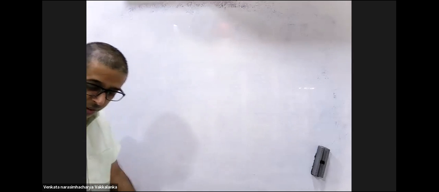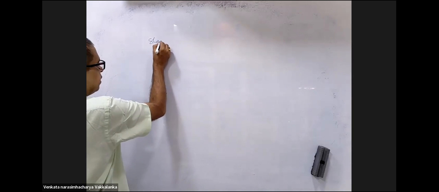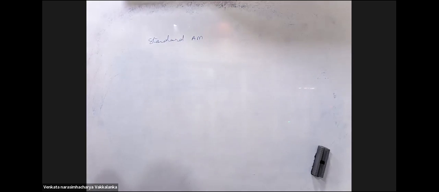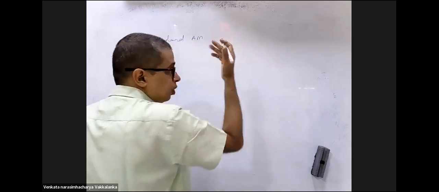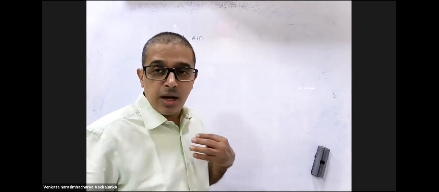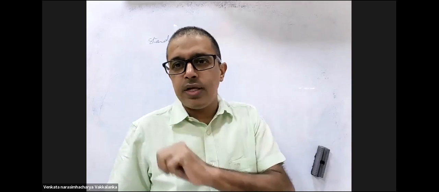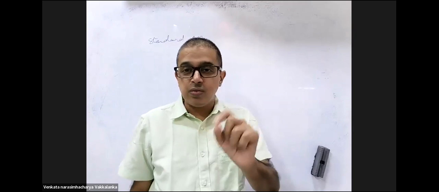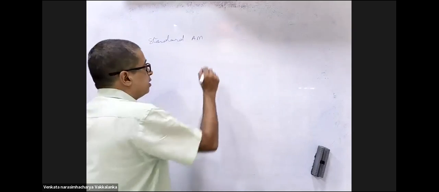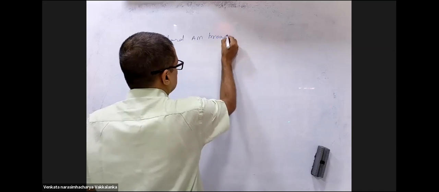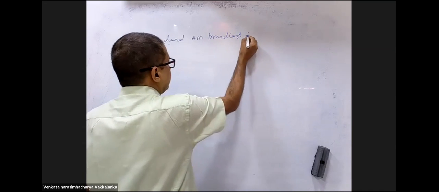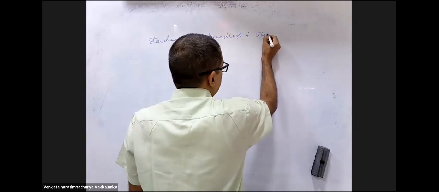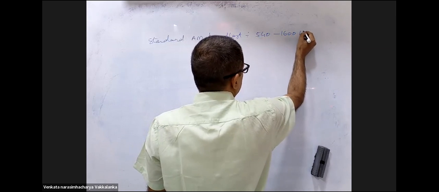Few values you have to remember. Standard AM. What does AM stand for? Amplitude modulation, which nowadays is not in use. In our childhood radio, there used to be only shortwave 1, shortwave 2, and medium wave. The transmission was based on amplitude modulation. This is almost outdated, but standard amplitude modulation transmission was done between 540 to 1600 kilohertz.